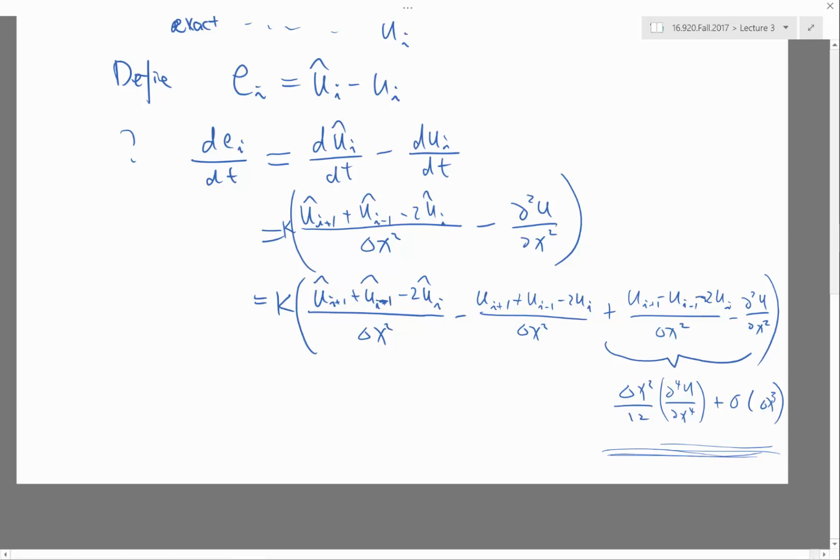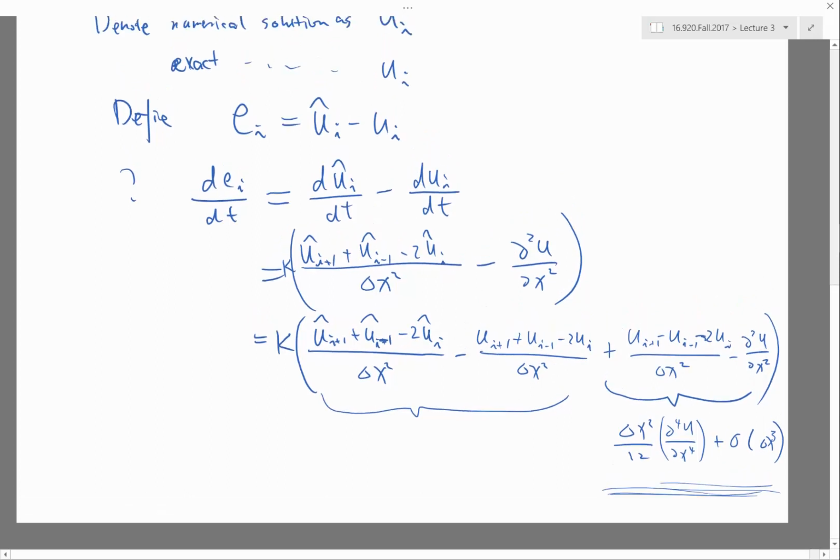But the first term is the finite difference operator operated on the numerical solution minus the same operator operated on the analytical solution. Or if you use the definition of e i, that is the finite difference operator operated on e. Right?